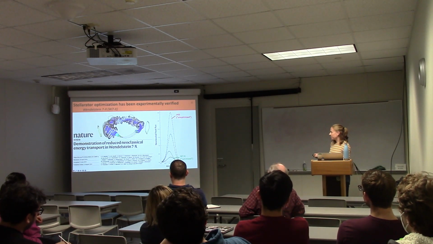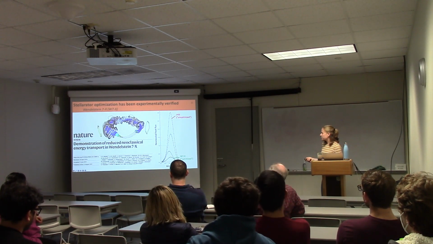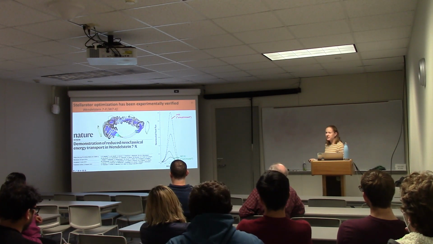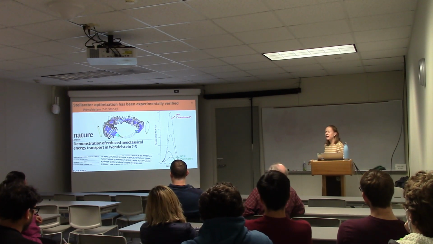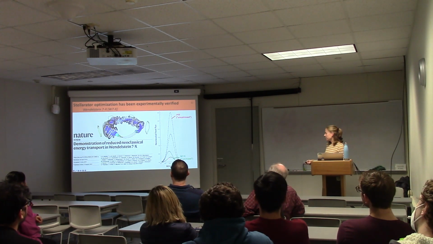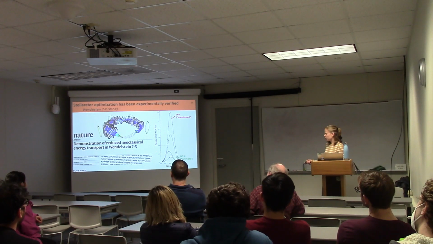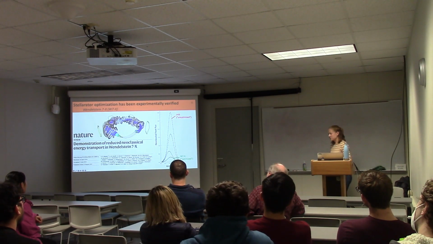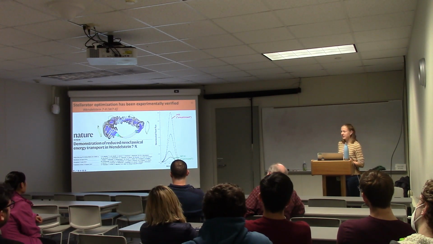In these studies, they measured the actual heat flux in the experiment, and they normalized it by what they calculate from a collisional transport theory. In the real device, which is shown here at the bottom, you can see a number that is less than 1. This tells us that there's some other measure of transport in the experiment, which has to do with turbulence that you can't really optimize away yet.